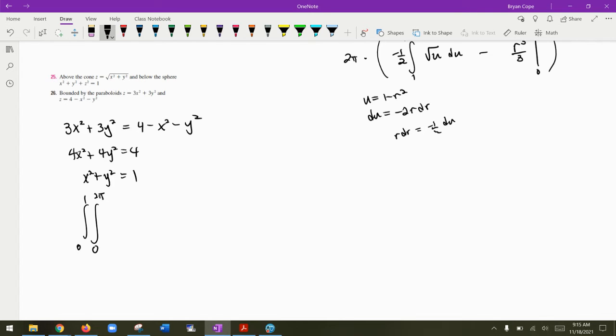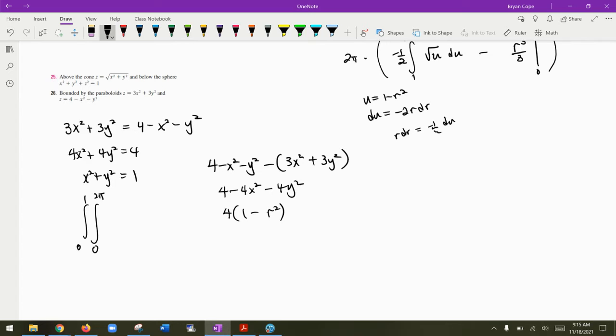And if we're taking the downward opening one minus the upward opening one, it would be 4 minus x squared minus y squared minus 3x squared plus 3y squared. So that's 4 minus 4x squared minus 4y squared. Or 4 times 1 minus r squared, we could say.